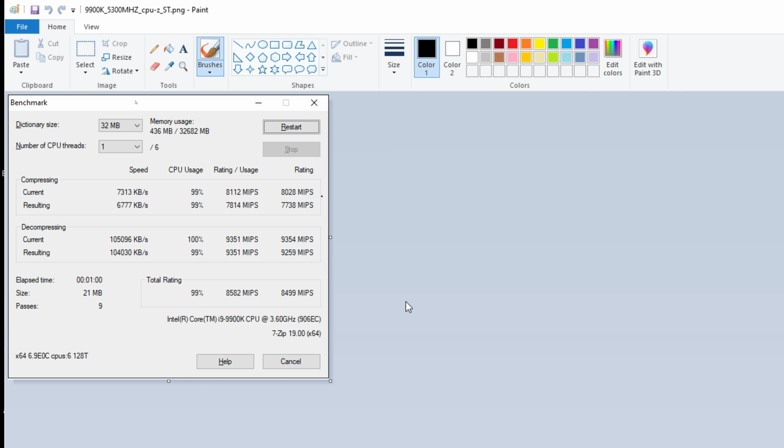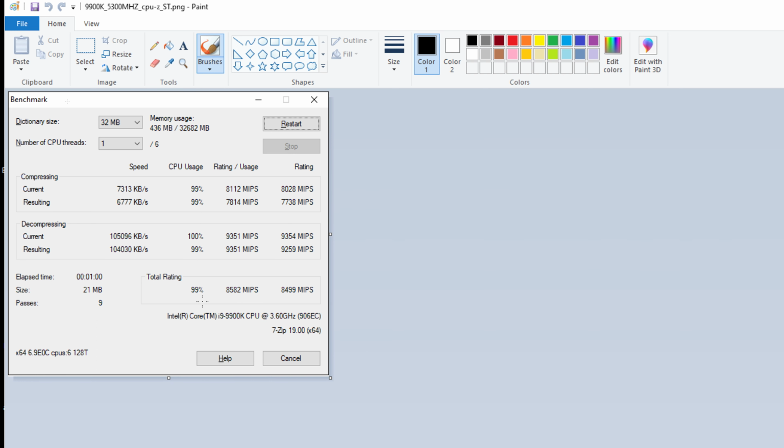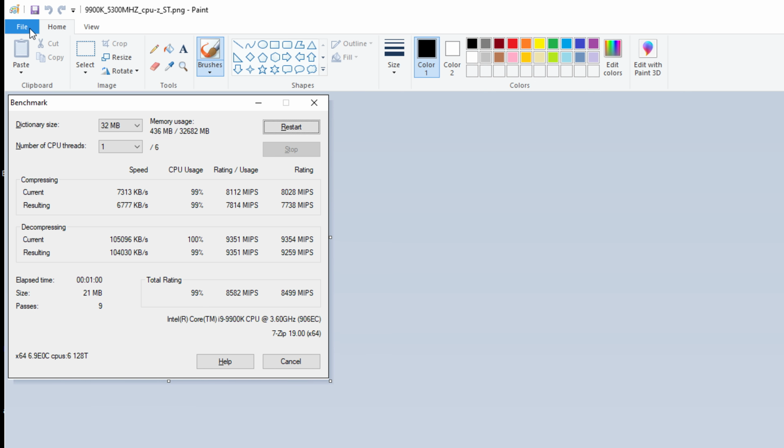Okay, and the decompressing, wow, pretty much 105 megabytes per second, while compressing was 7,300 kilobytes per second. Okay, and the total rating 99% because this is single thread performance, and 8,499 MIPS. Okay, CPU-Z.